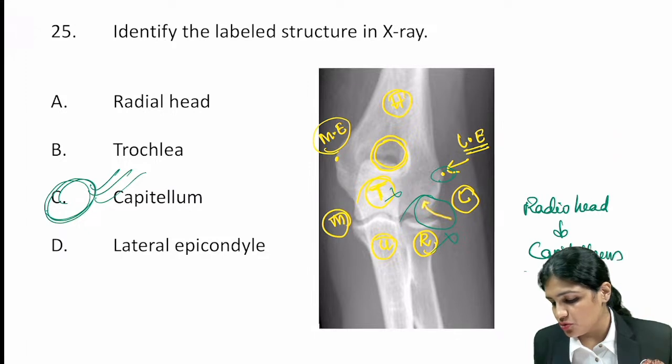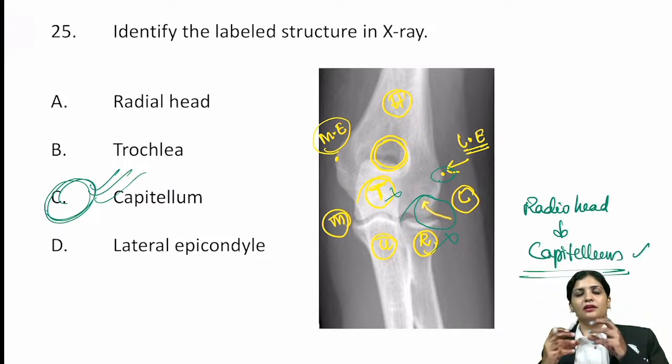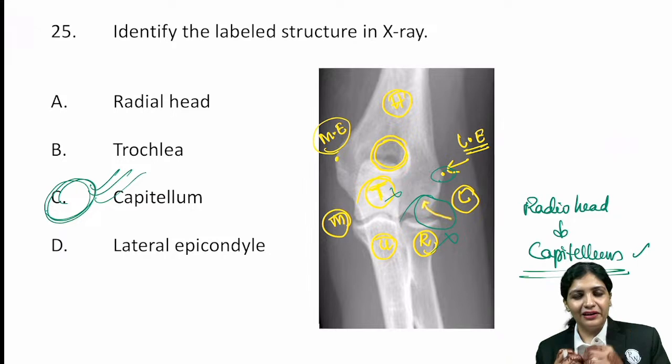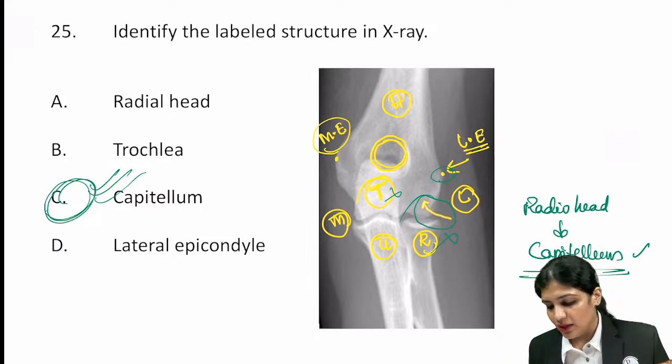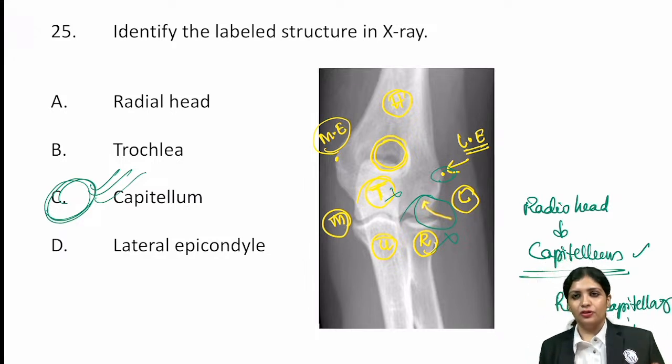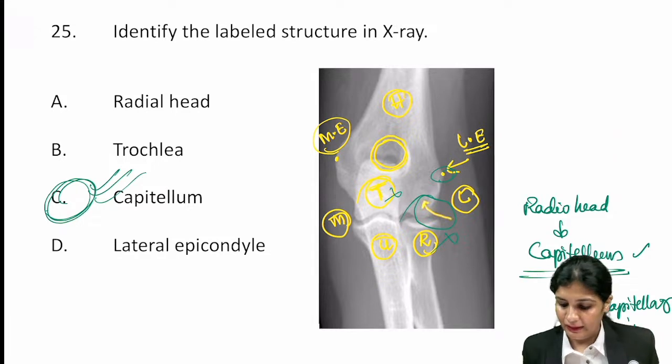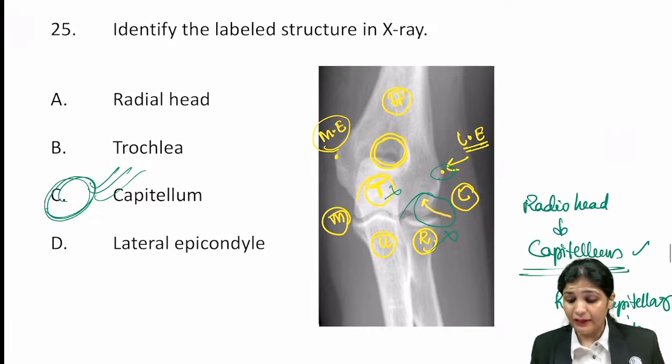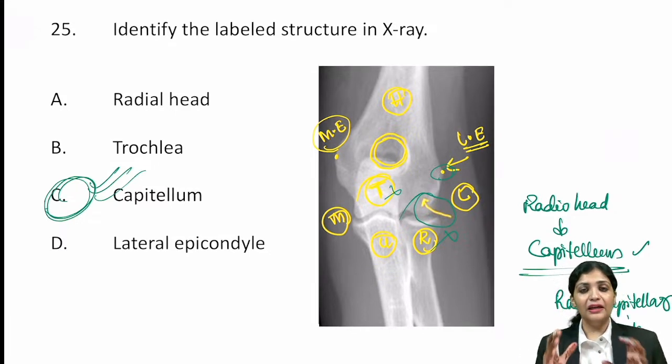So it will form the joint with this capitulum. So there is a connection between the radial head and the capitulum, which is called the radiocapitellar joint. Right, radiocapitellar joint. So this is the radial head with the capitulum. So the answer would be the capitulum.